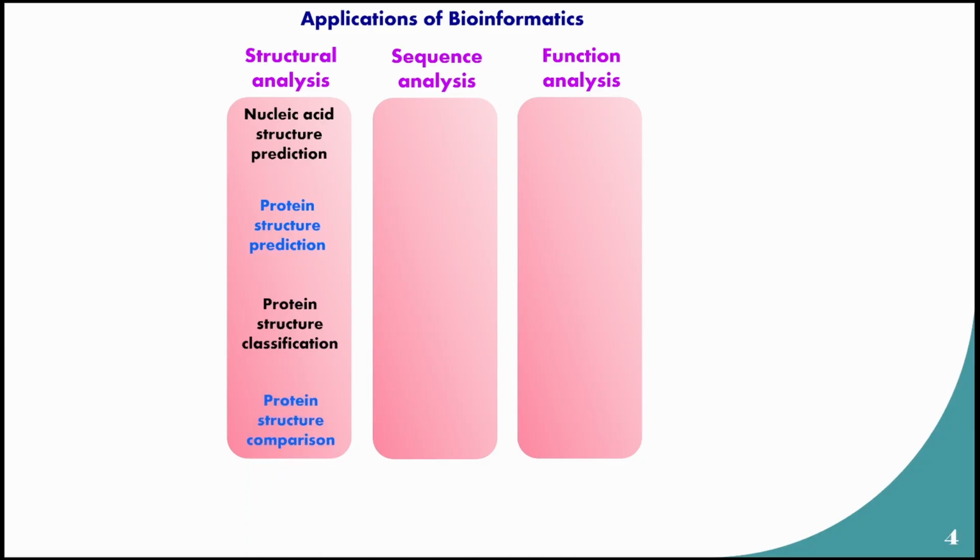Then you can have structure comparison, of course. While comparing different structures, you can try to see which domains are folding similarly. For example, through homology modeling, if you have any unknown structure, you can try to build those. So that is also a part of structure comparison, structure prediction, broadly speaking. That's the part of structural analysis of proteins.